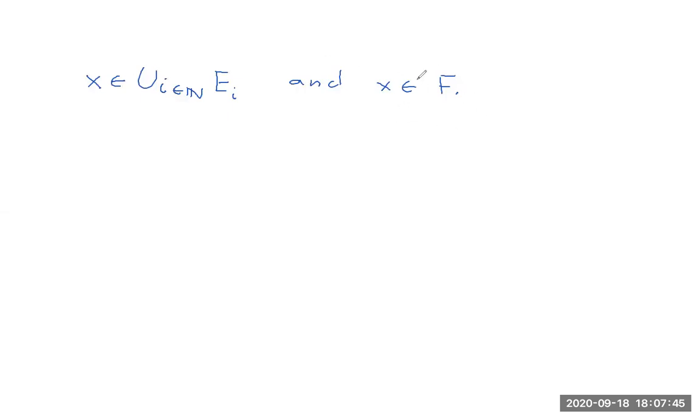So this here then implies that x is an element of E_k for some k an element of the natural numbers. So it's just saying that x is an element of one of the sets in the union of this set above.